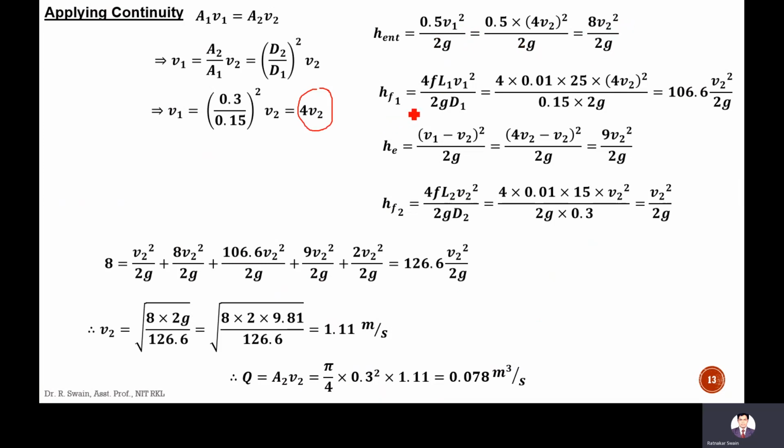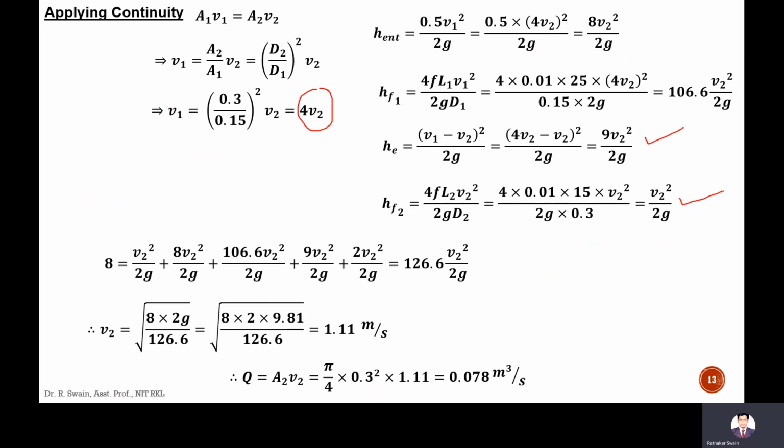Similarly, HF1 we can calculate here, it will be 106.6 V2 square by 2g. HE, that is expansion loss, is V1 minus V2 whole square by 2g. We can put 4 V2 instead of V1, and it will be 9 V2 square by 2g. HF2 is 4 f L2 V2 square by 2g D2. Like this, you can calculate it as V2 square by 2g. So all the losses we have expressed in terms of V2.